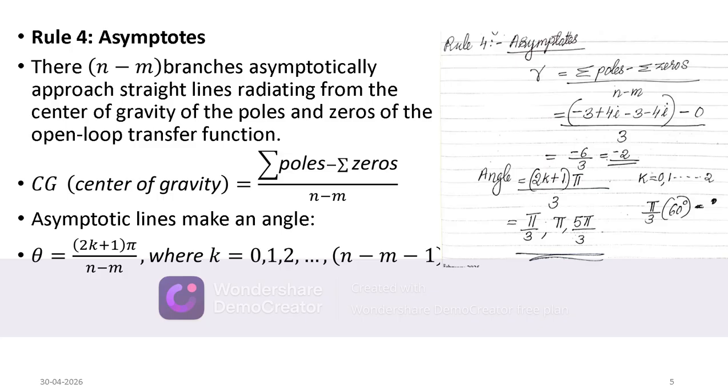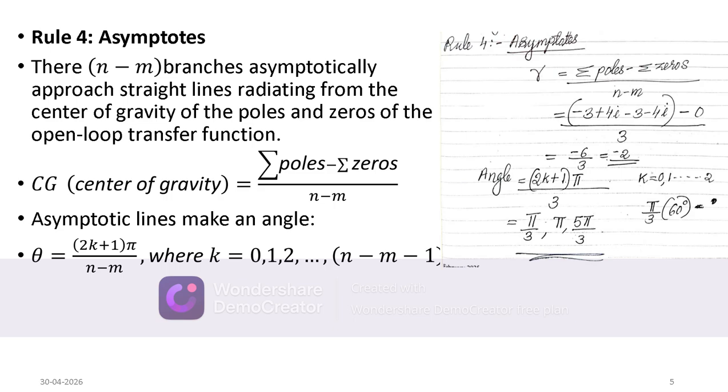First, you have to find the center of gravity of all these poles and zeros. From this center of gravity, certain asymptotic lines radiate, which make a particular angle theta equal to (2k plus 1) times pi divided by n minus m, and these are straight lines.